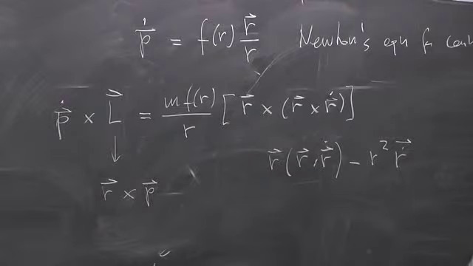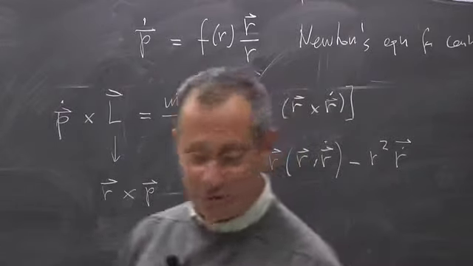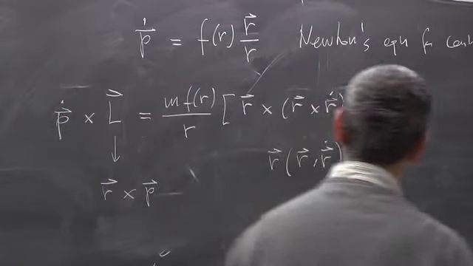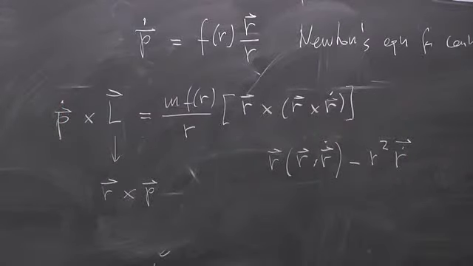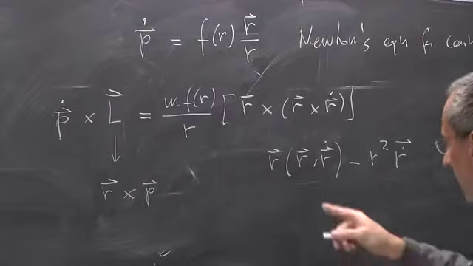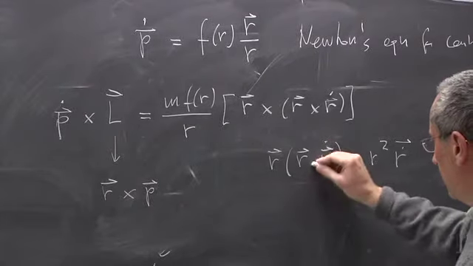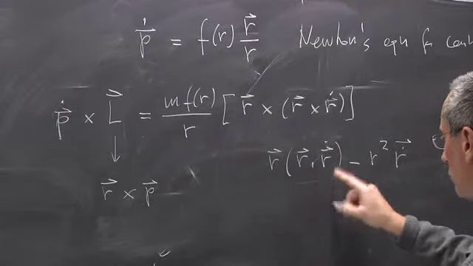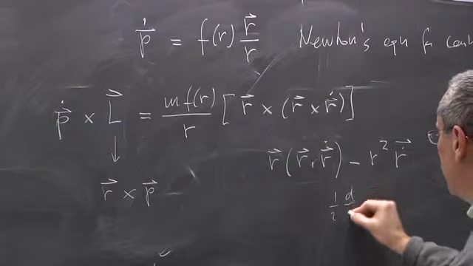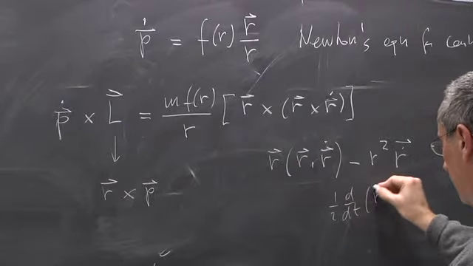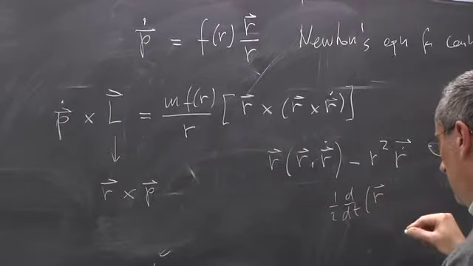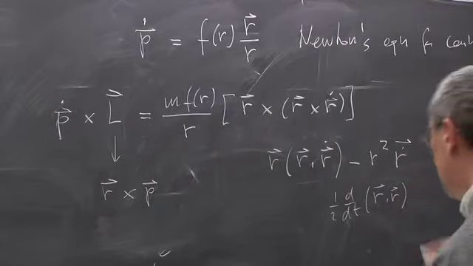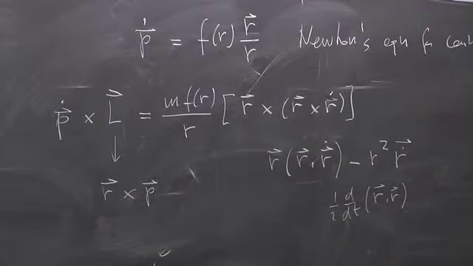Otherwise, in the same book where you find the integrals, you also find that. So this is r dot, but this is like 1/2 d dt of the lengths of these things, right? Okay?